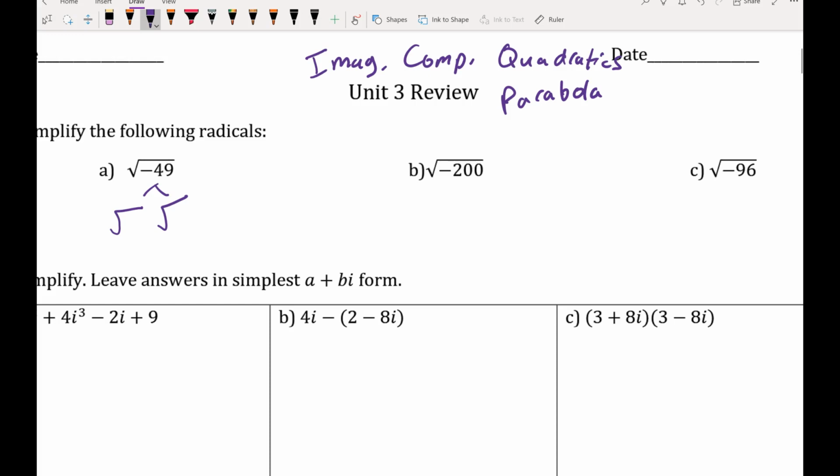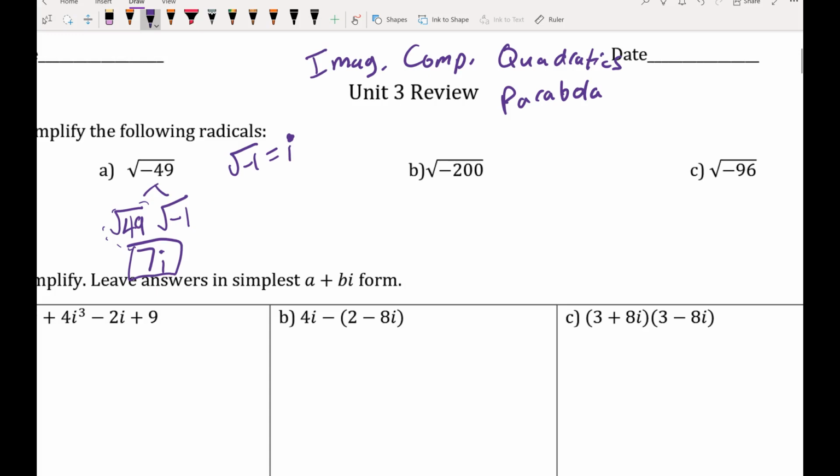Well, I know 49 already is a perfect square, so I can write 49 in one radical, and negative 1 times 49 would get me negative 49. So that just simplifies to 7, and remember that radical negative 1 is defined as that imaginary unit i. So radical negative 49 turns into 7i.